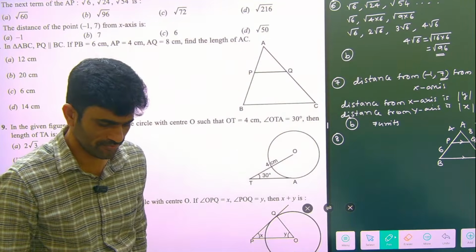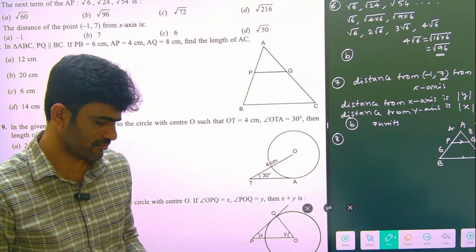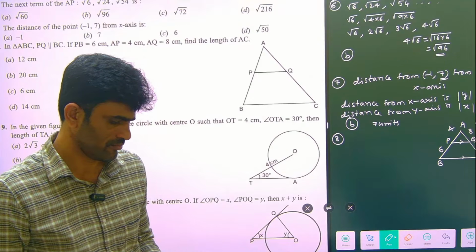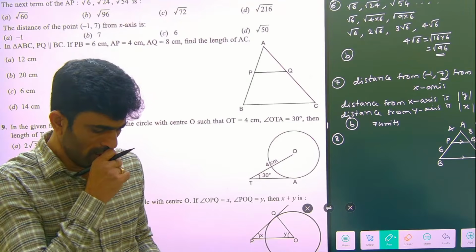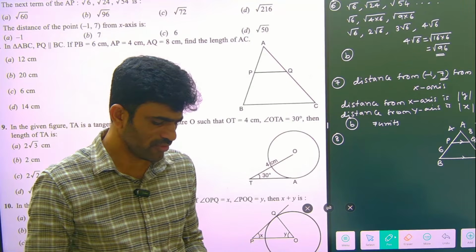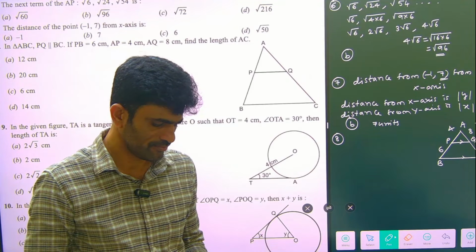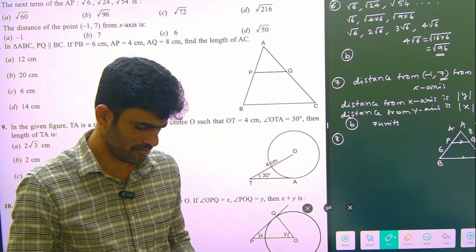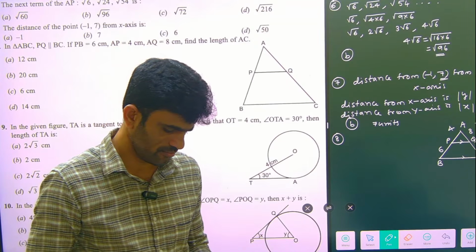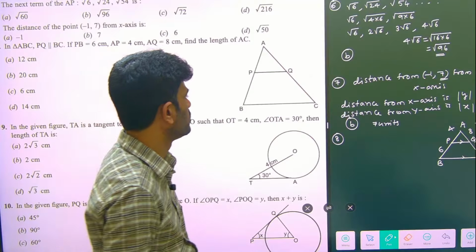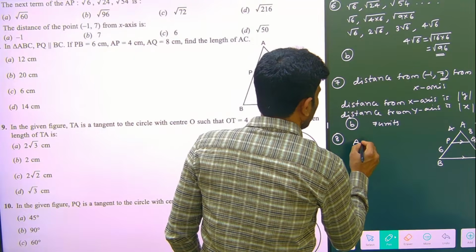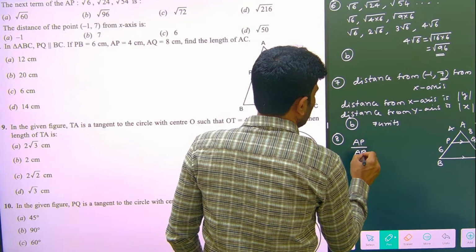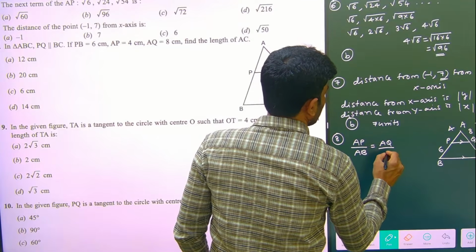How can we find AC? According to the basic proportionality theorem, you can write AP by AB is equal to AQ by AC because we want AC.